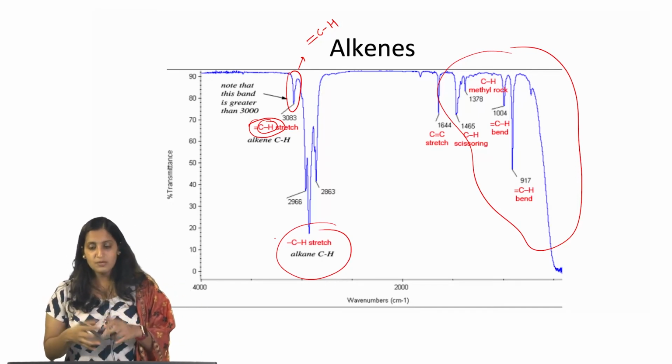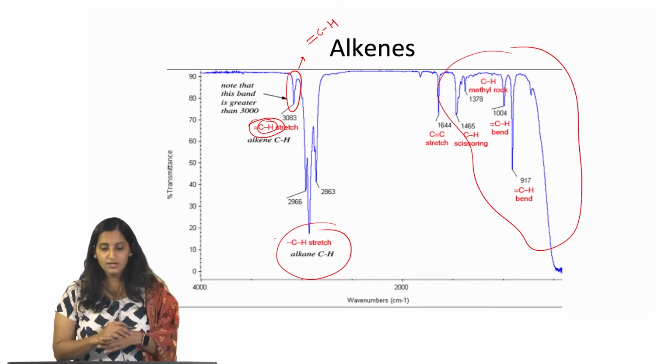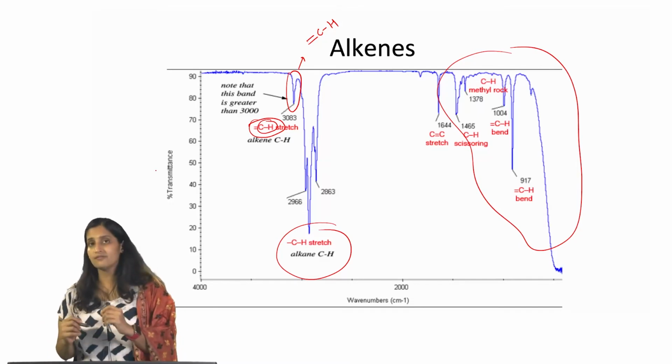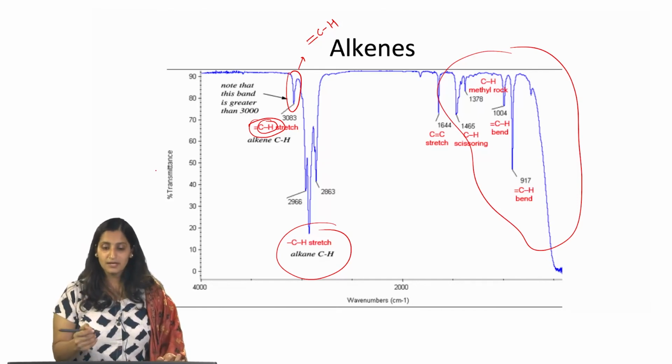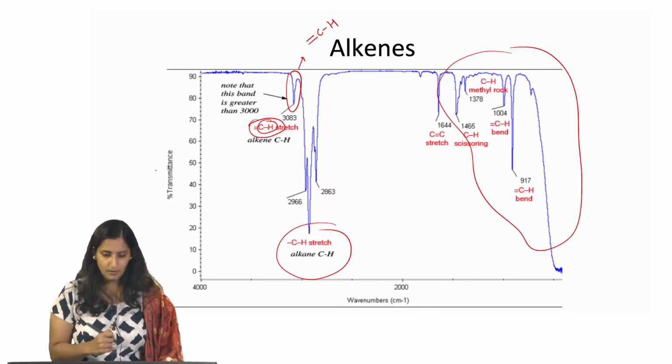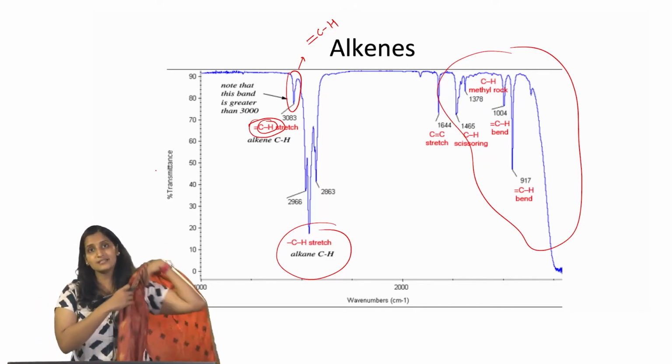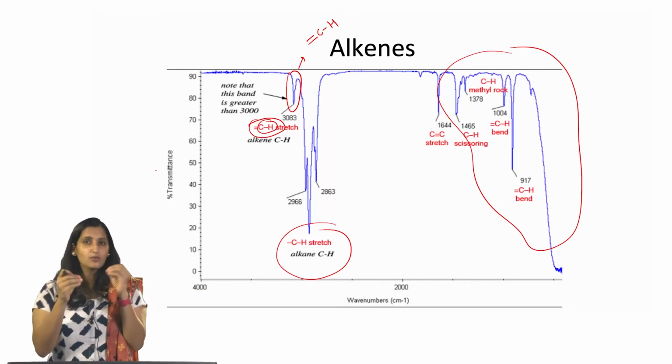The point I am trying to make is that whenever we look at this graph, which is percentage transmittance versus wave number, what people are trying to read is what kind of bonds are present in the compound. Okay. And I know this is not an extensive tutorial, so I will not go into too much detail.